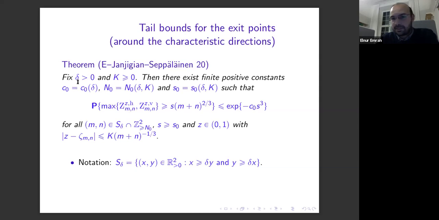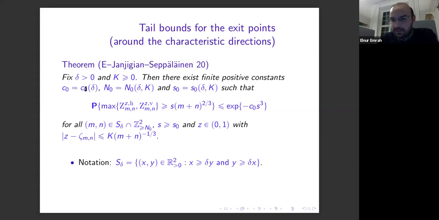So the statement is that we fix a small parameter delta, and a non-negative number k. In the statement, this S delta here denotes the set of lines with slopes between delta and 1 over delta. So we want to restrict attention to points away from the boundaries in order to have uniformity.